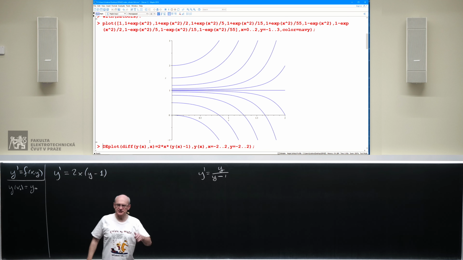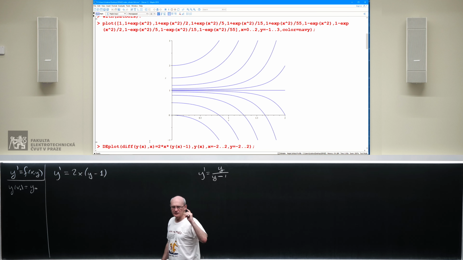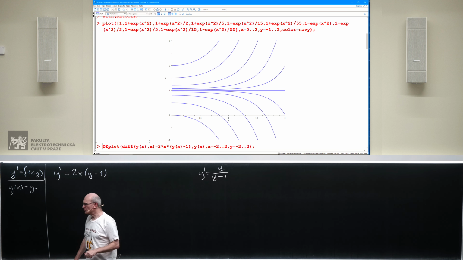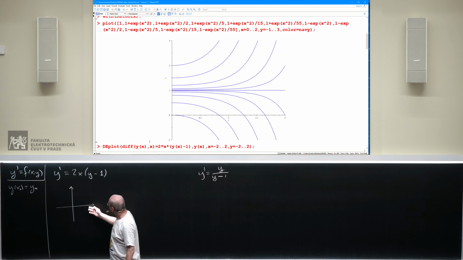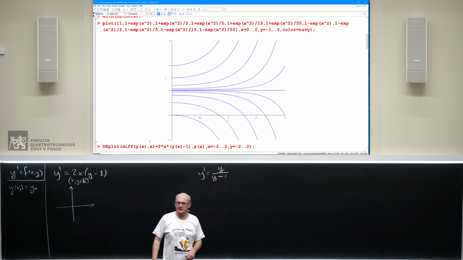That's actually the differential equation for which we have this picture. We look at it and we ask, are there any limitations? And the answer is no. So, in principle, solutions can exist anywhere in the real plane. So x and y could be anything.